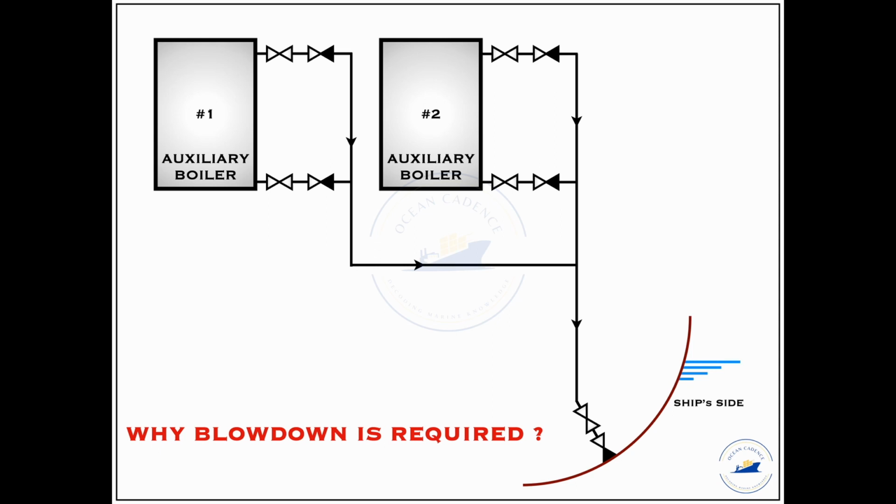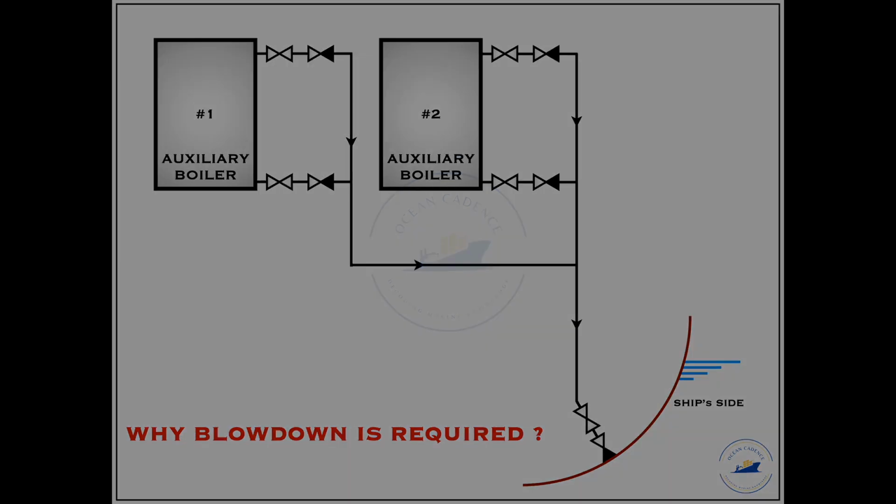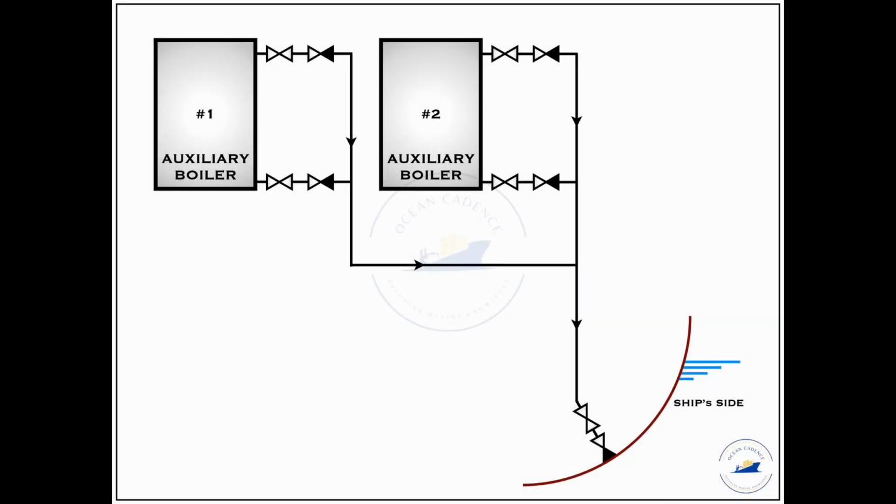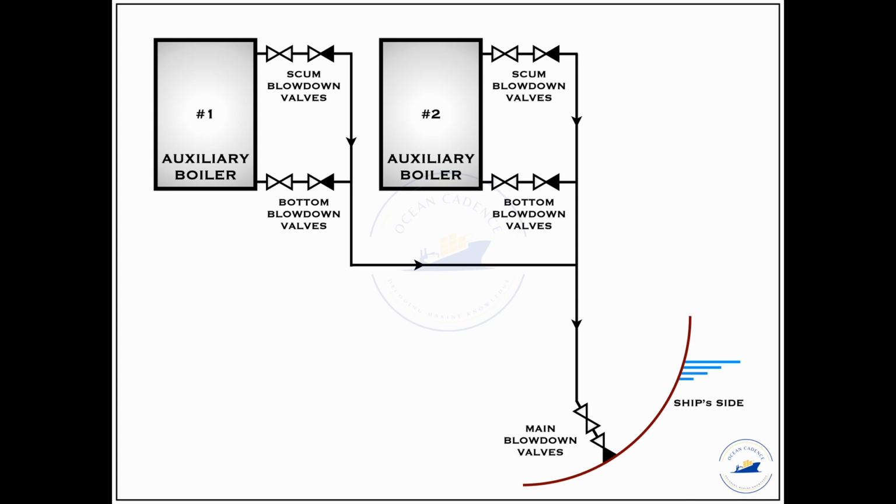Now the process of this blowdown. As we can see, there are two valves each for scum blowdown and bottom blowdown on the boiler side, and two main valves on the main blowdown side, that is the ship side. Now, while opening these valves, we have to understand that the first valve, that is the number one valve on the ship side, is the non-return valve.